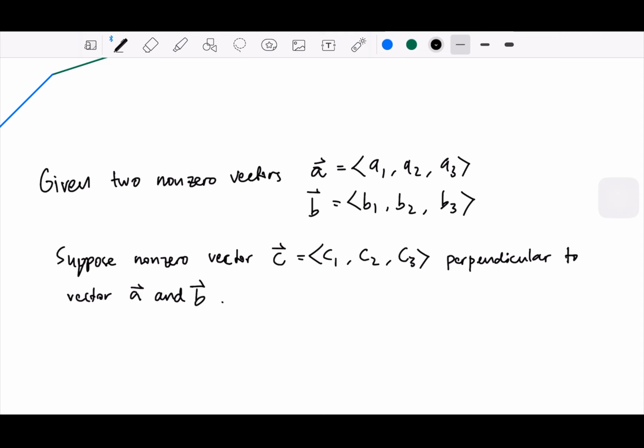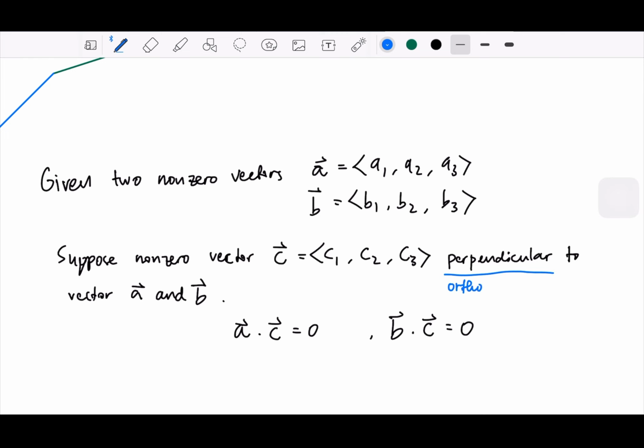Which means, because they are perpendicular to vector C, if we take the dot product, A dot C is supposed to be 0, and B dot C is supposed to be 0 also because of perpendicular. Perpendicular means orthogonal or having 90 degrees.